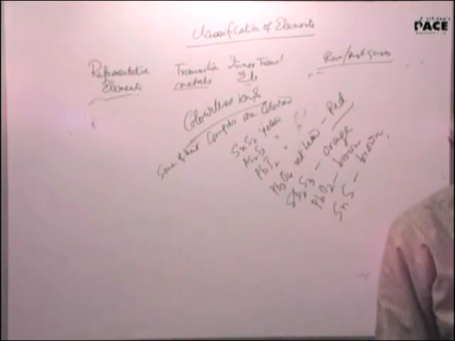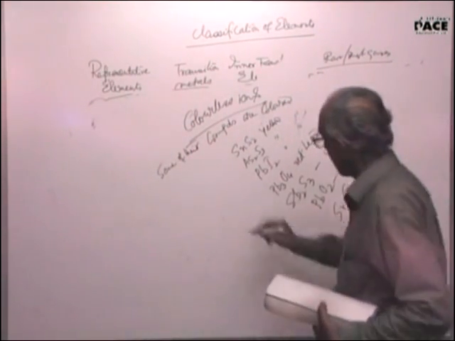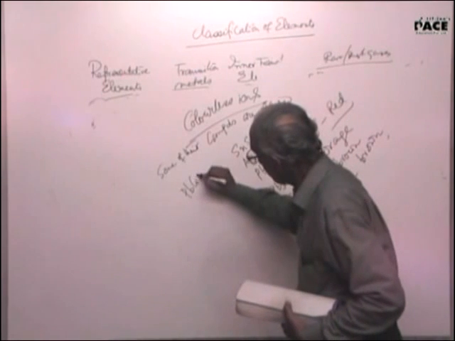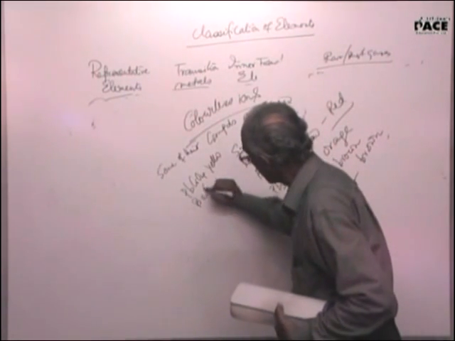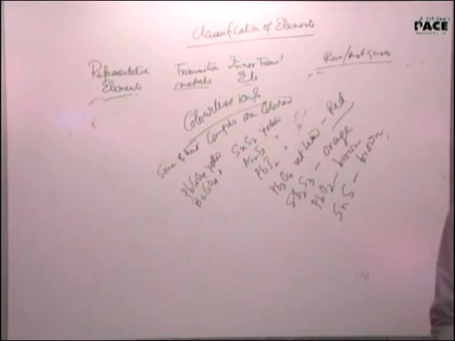So they show some colors. Lead chromate is yellow, barium chromate is yellow. So some of their compounds are colored, not all of them, okay? But some of their compounds are colored.